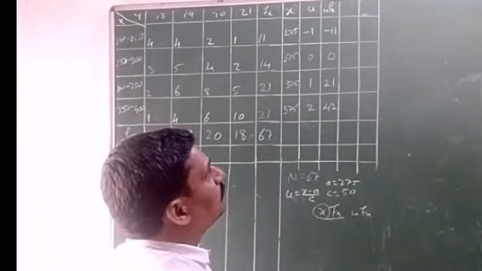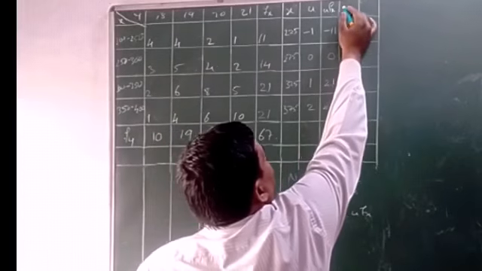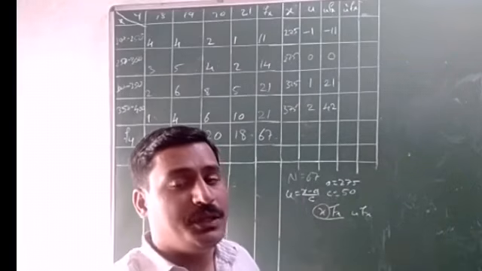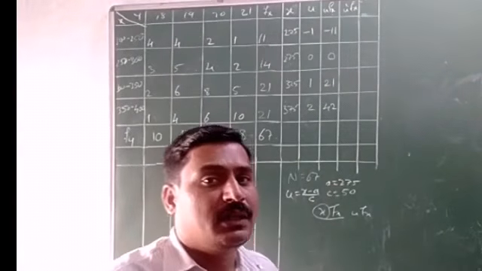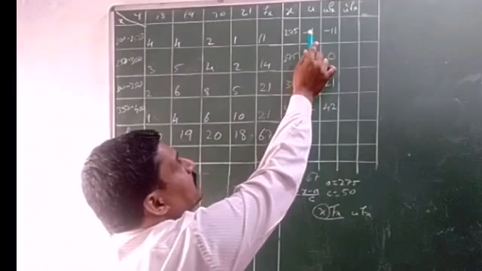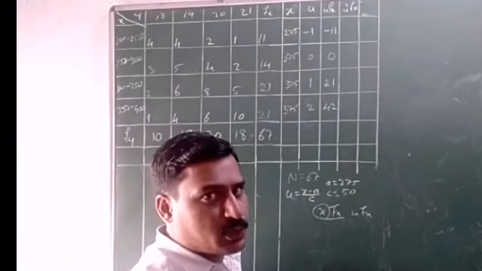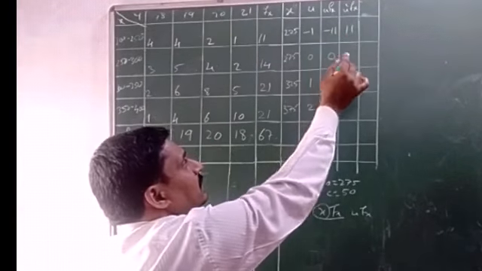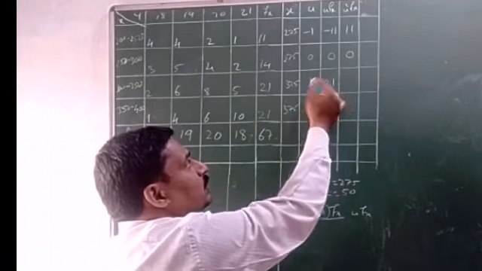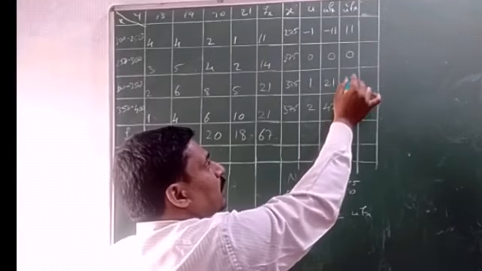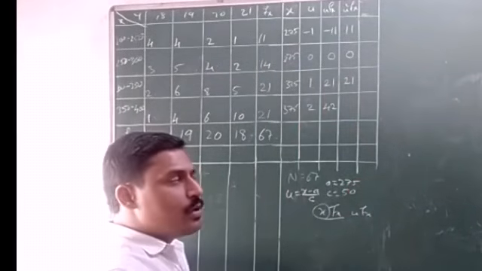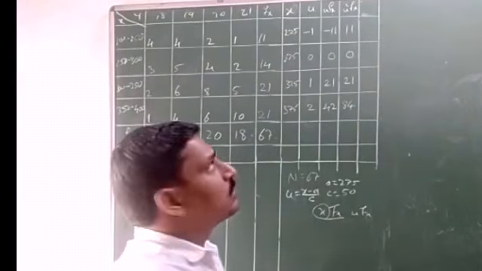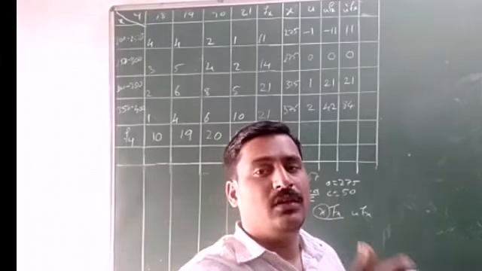Okay. Next, u square fx. We need to square the u, then multiply it with fx. So u is minus 1, minus 1 square is plus 1, plus 1 into 11 is 11. 0 square is 0. 1 square is 1, 1 into 21 is 21. 2 square is 4, 4 into 21 is 84. The last column we will calculate later.